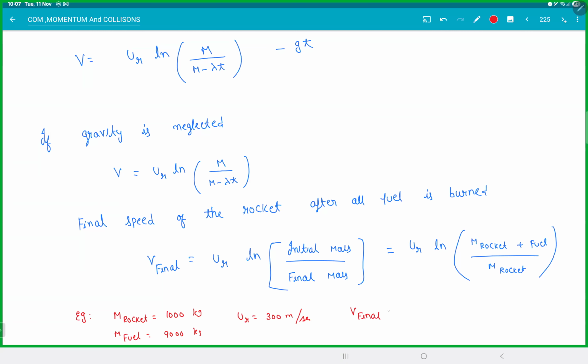So this rocket in gravity-free space, the final speed will be 300 ln, the total mass 10,000 by 1000. So that would be 300 ln 10. That would be the maximum speed of the rocket in that example. Okay with this? All clear with this?